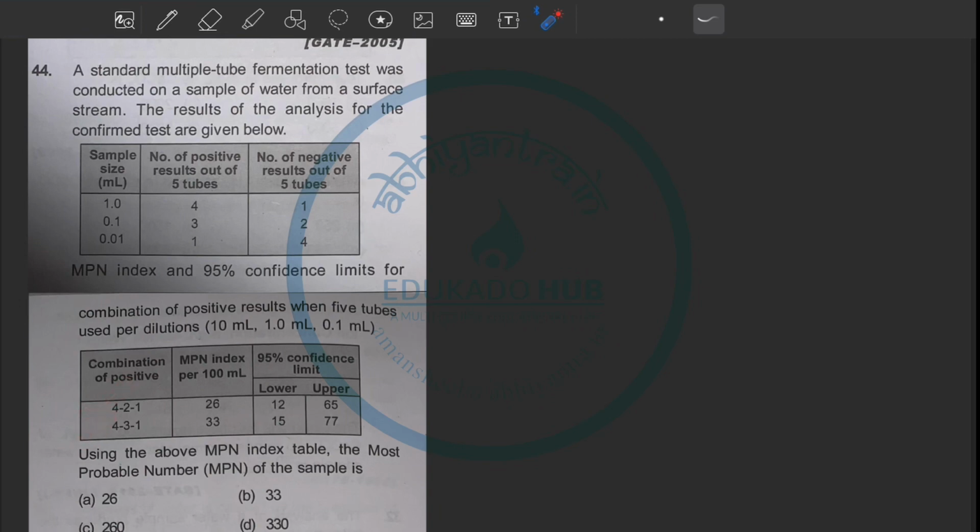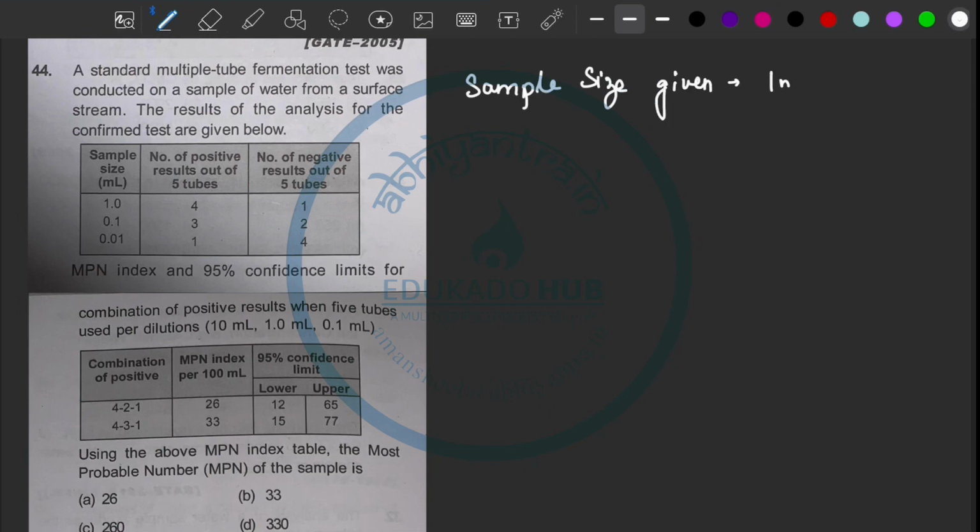Okay, so see, using the above MPN index table, most probable number of the sample is, see, this given here is a standard size, standard dilution, standard combination, and this is the sample that we have taken that has this value. Now the sample size given is 1 ml, 0.1 ml and 0.01 ml.